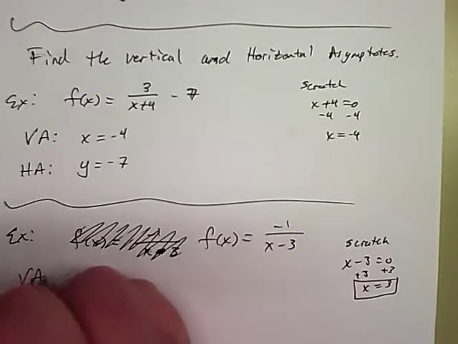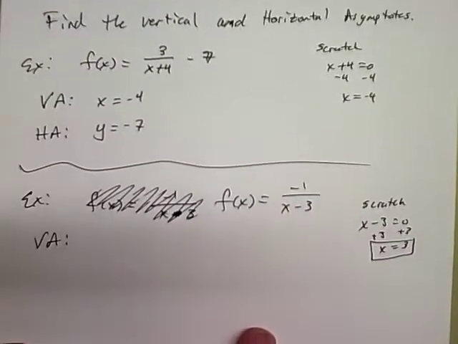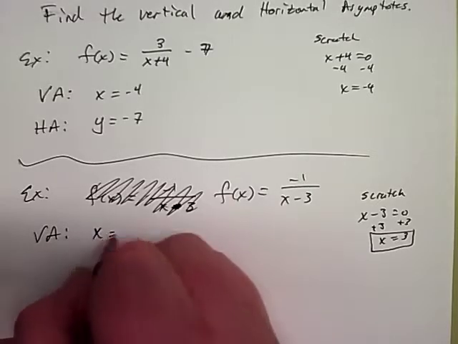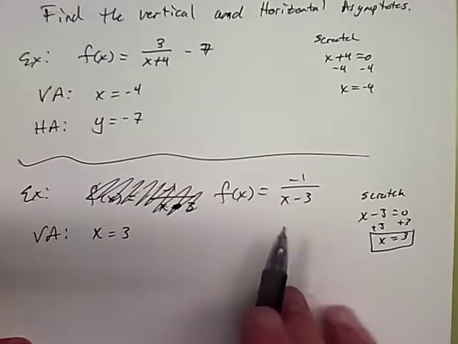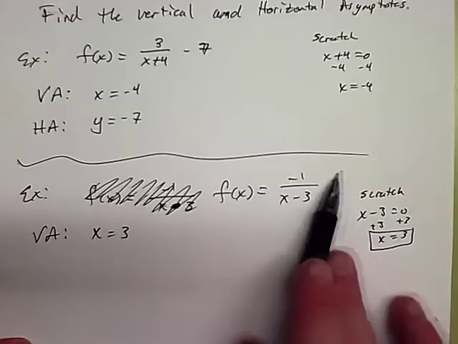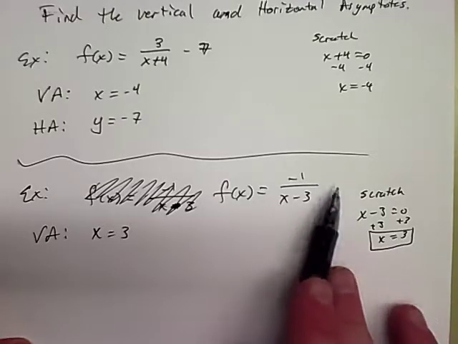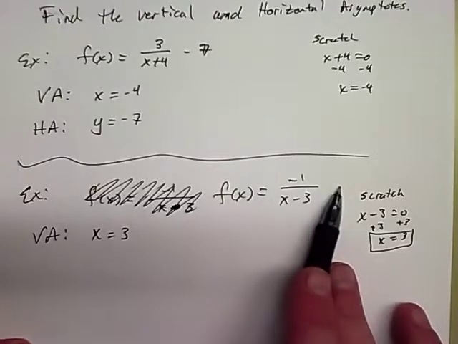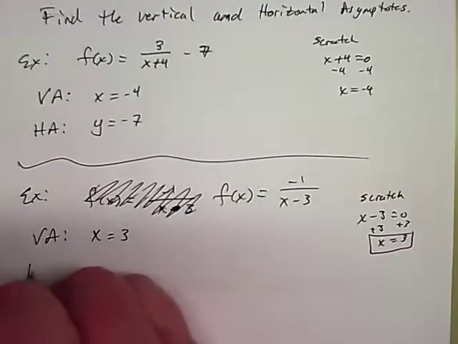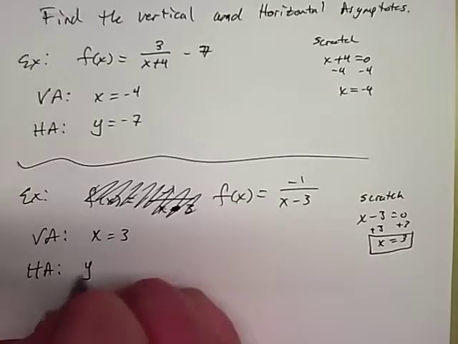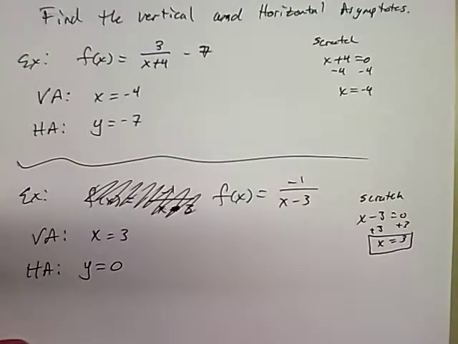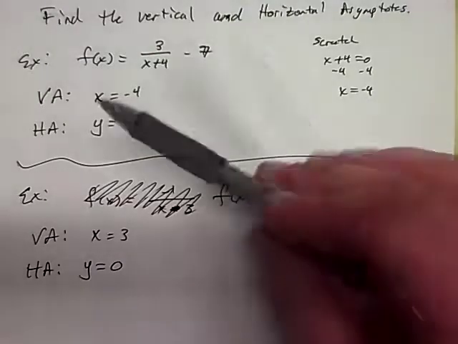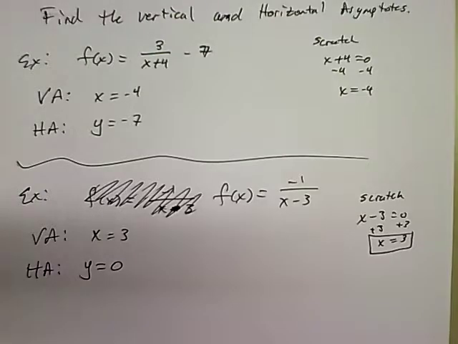So my vertical asymptote is the line x equals 3. Now, there's no plus anything over here. I don't have like plus 2 or minus 8. And there's no number over here, right? So the k value then is 0. So that means my horizontal asymptote is the line y equals 0. And that's important. All right, so now we know how to find the vertical and the horizontal asymptotes.